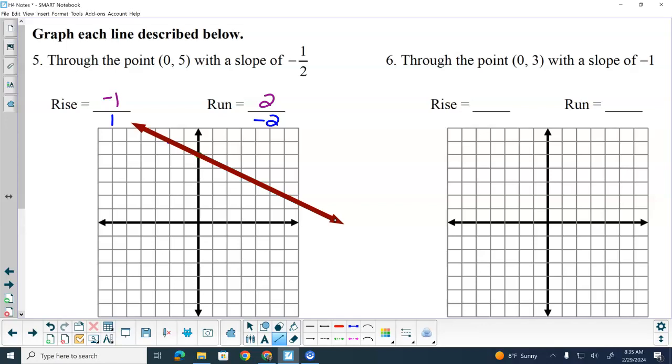Offset 0, 3. Slope of -1 gives me a rise of -1 and a run of +1. What would be my other alternative there? That way. Okay. So that is down 1, right 1.